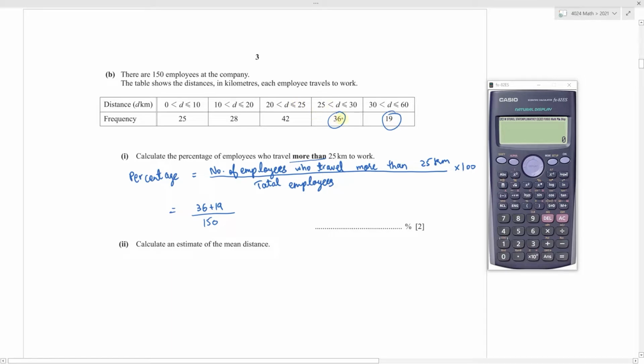So more than 25 starts from this group and of course this group as well. So 36 plus 19 is 55 over 150 multiplied by 100. So 55 divided by 150 and multiplied by 100. Up to three significant figures, this is 36.7%.